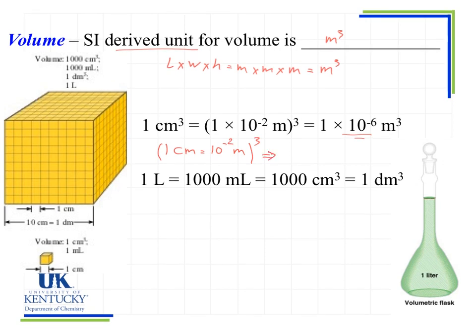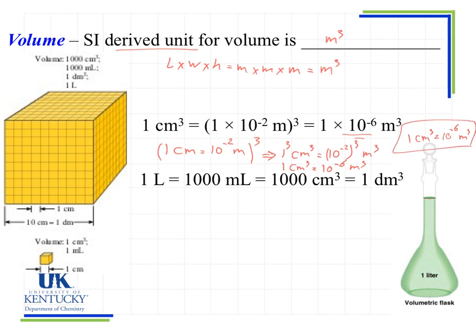So 1 cubed, centimeter cubed, 10 to negative 2 cubed, and meter cubed. So 1 cubed is 1. So 1 cubic centimeter is 10 to negative 2 cubed, which is 10 to negative 6, cubic meter.